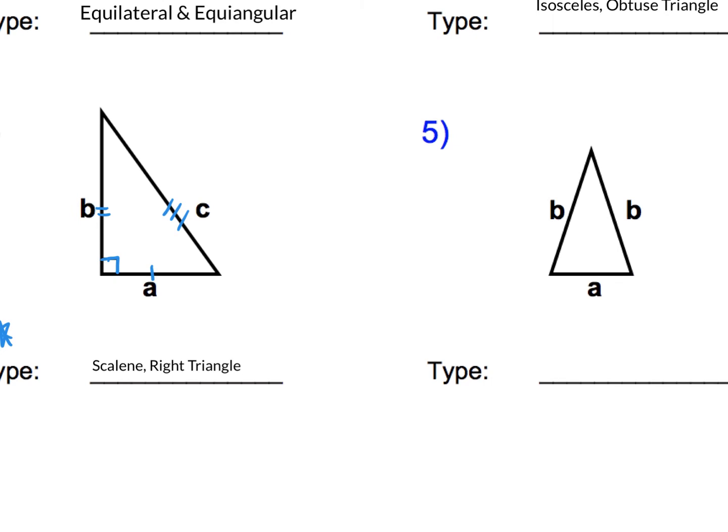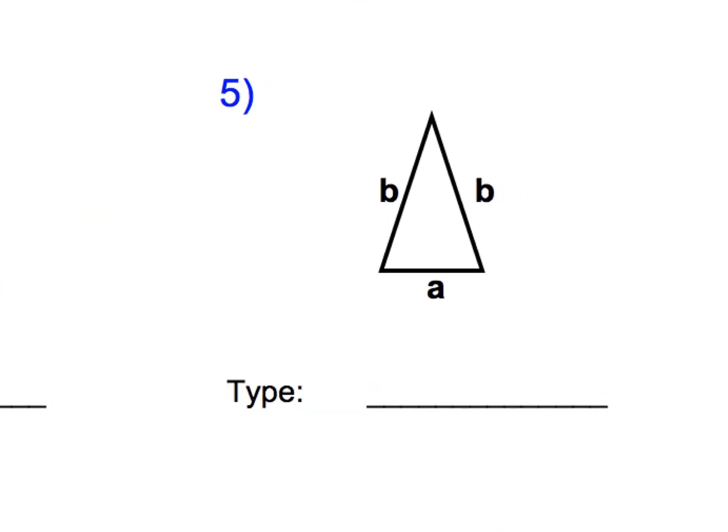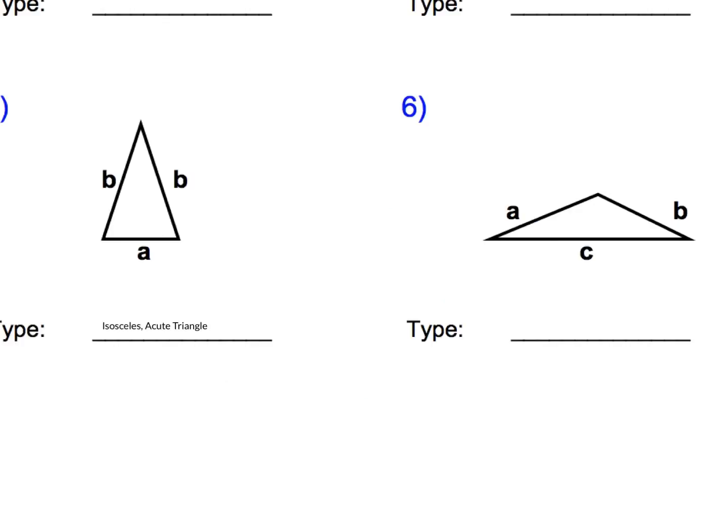Okay, let's take a look at number 5. 2 sides are the same, and all 3 angles are acute. So we have an isosceles acute triangle. And let's take a look at number 6.